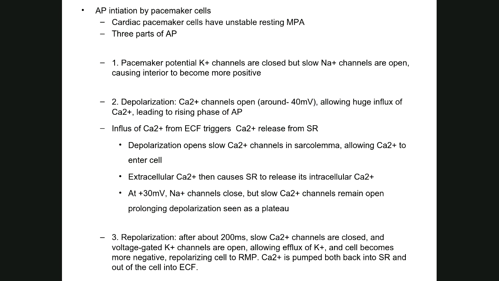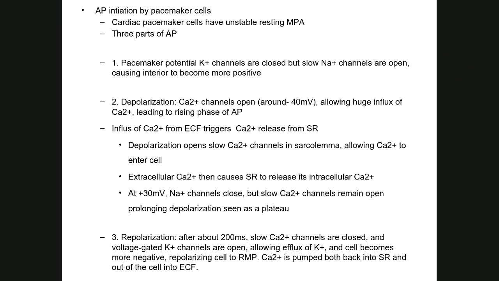So let's talk a little bit about this action potential that is generated by pacemaker cells. The cardiac pacemaker has an unstable resting membrane potential.